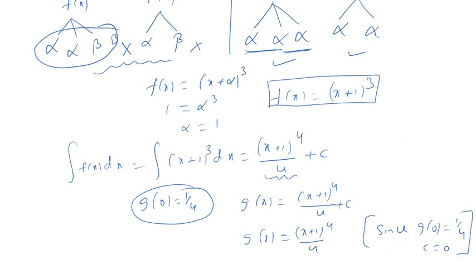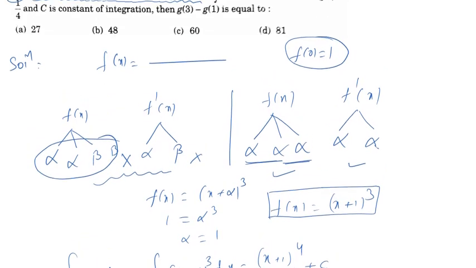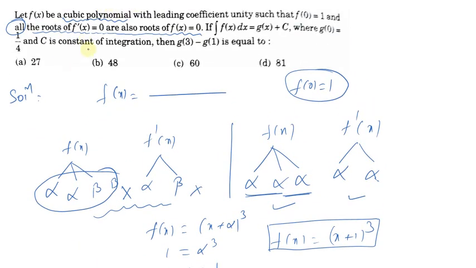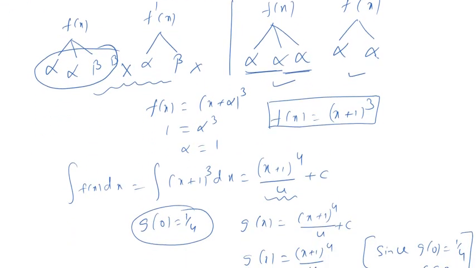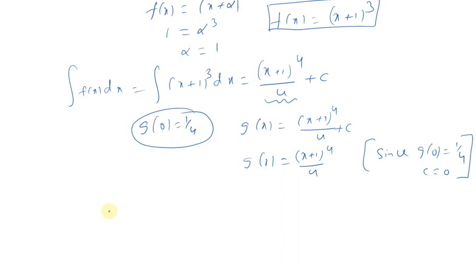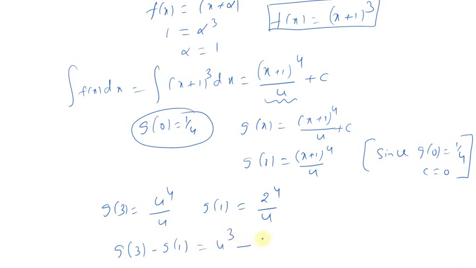Okay, next what is given in this question? Then we have to find g(3) minus g(1). Let me calculate g(3) minus g(1). g(3) is equal to 4^4/4, and g(1) is equal to 2^4/4. So g(3) minus g(1) is equal to 4^3 minus 2^2.